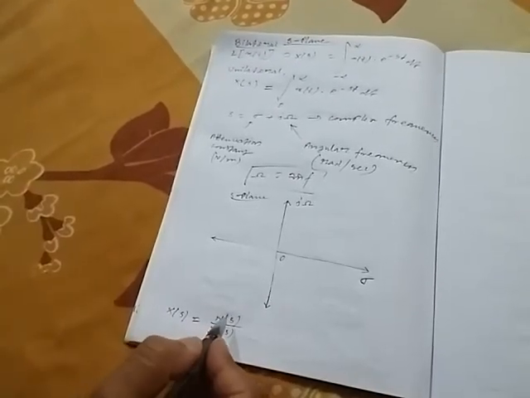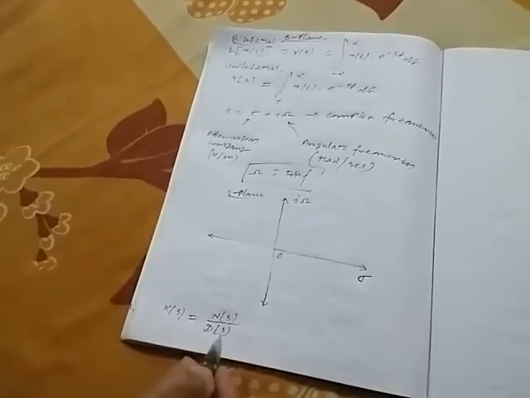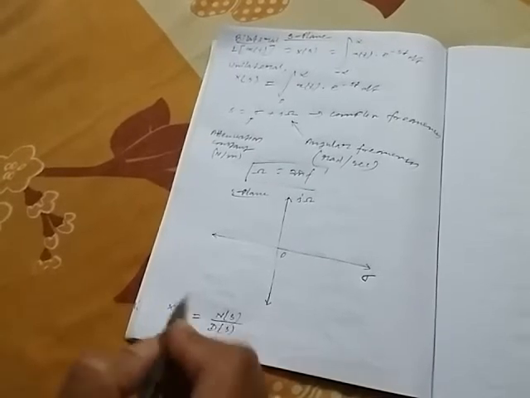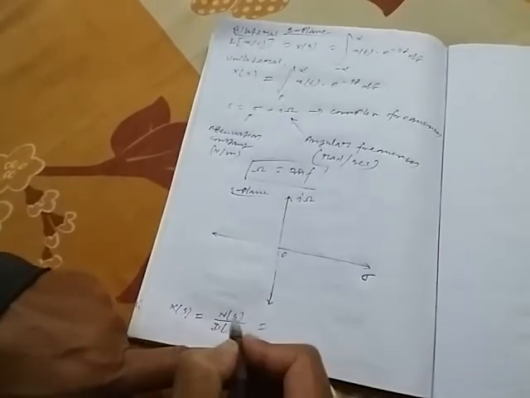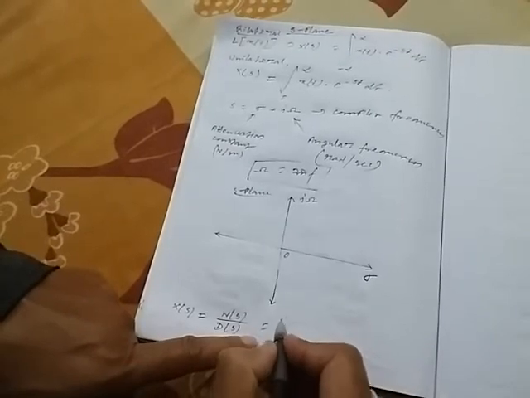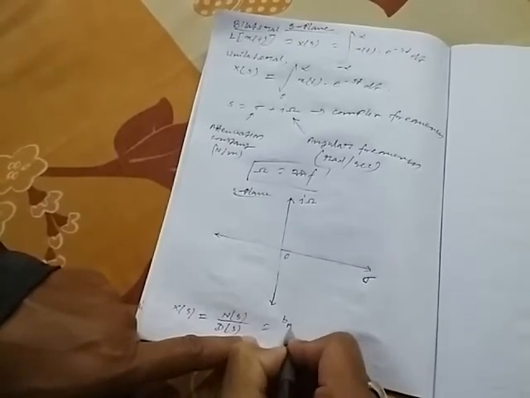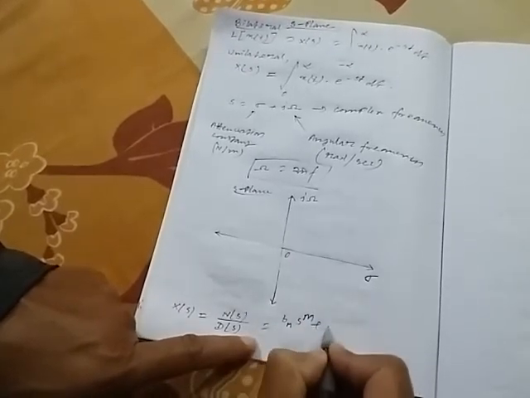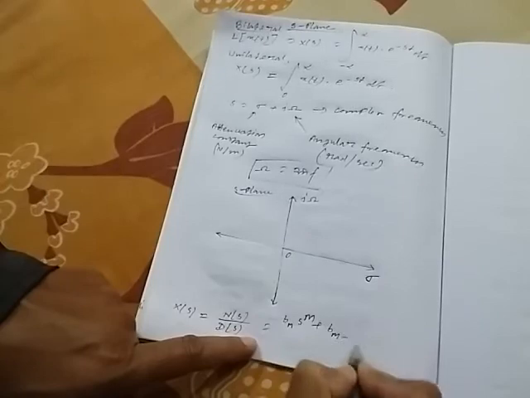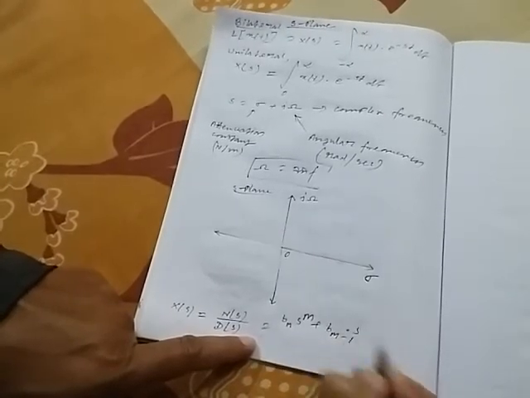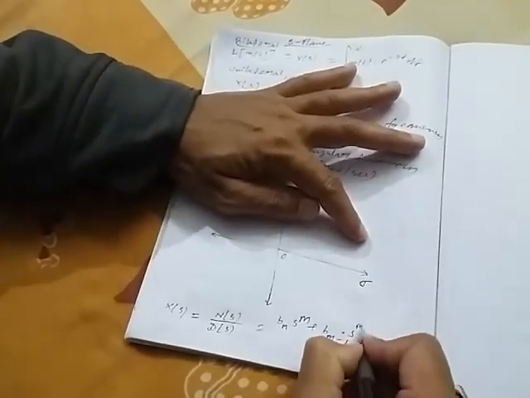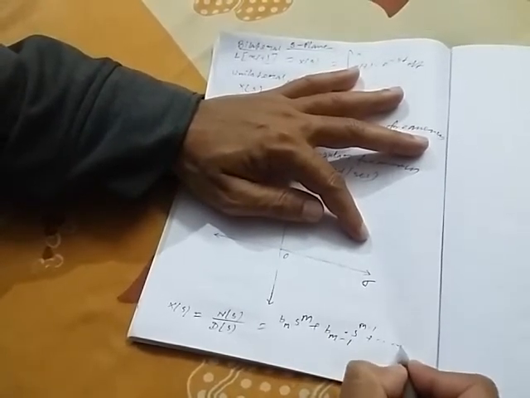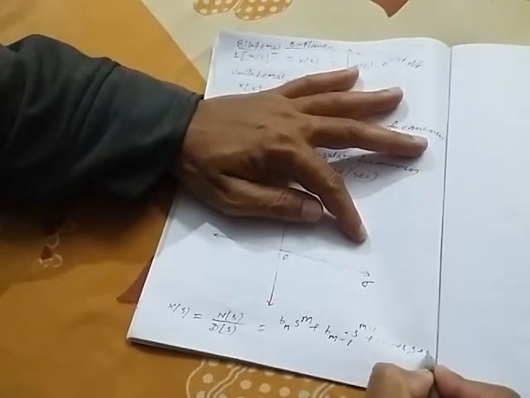The numerator is represented by a polynomial: b subscript m s to the power m plus b subscript m minus 1 into s to the power m minus 1, and so on, plus b1 s plus b0.